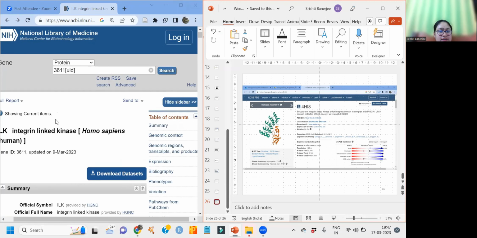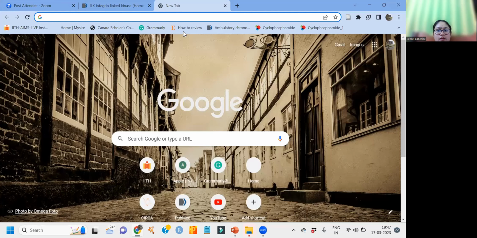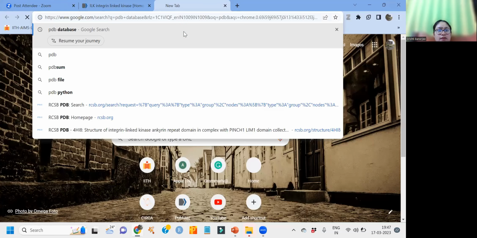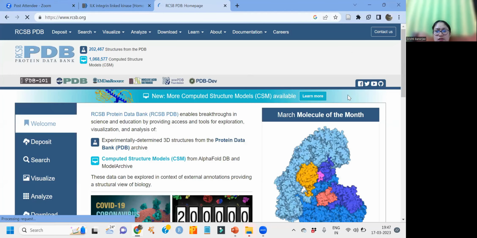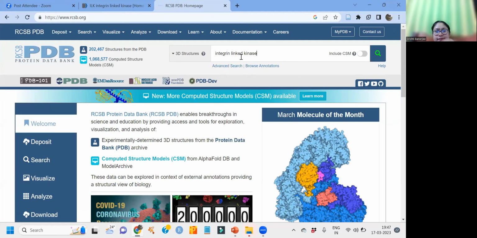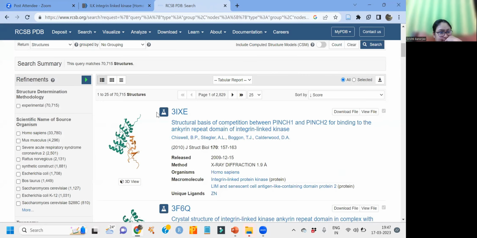I will keep this open here. Just copy it. RCSB PDB, like this, you go here. You paste it here. You specify the name and source of organism.